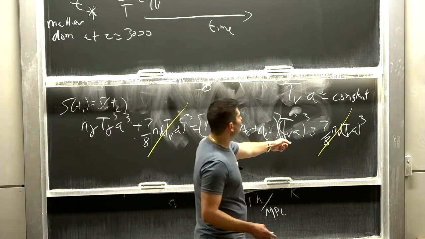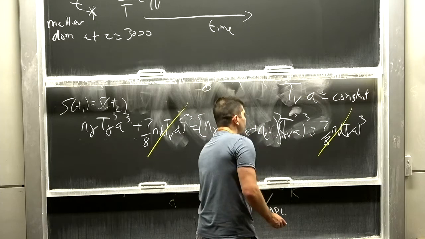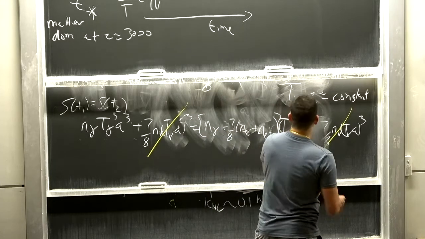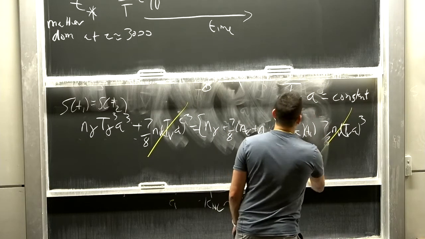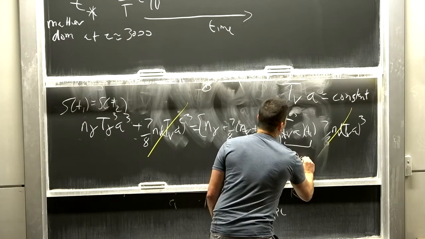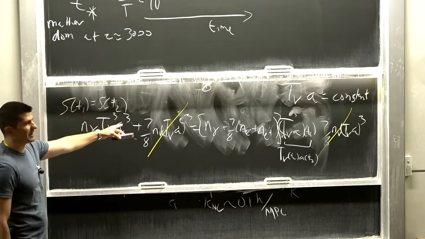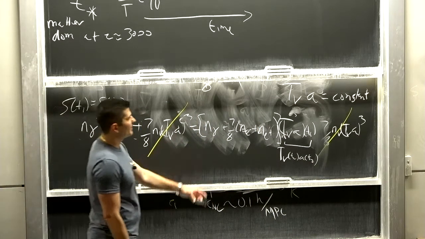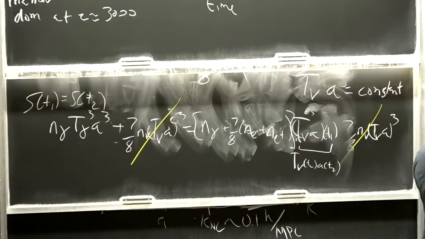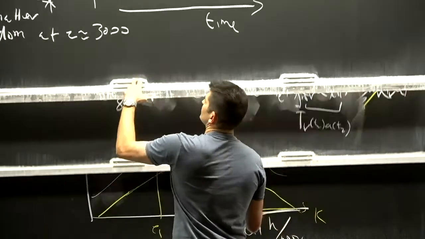Now, because T nu times A is a constant, I can replace this T nu at time T1 with T nu at time T2 times A at T2. So the factors of A go away because that's a constant. And what we're left with is, here, let's switch these boards.